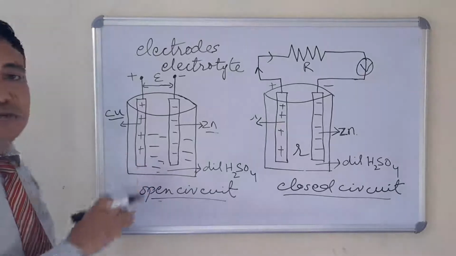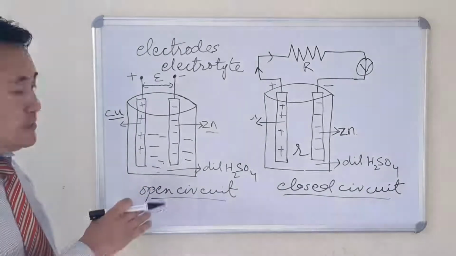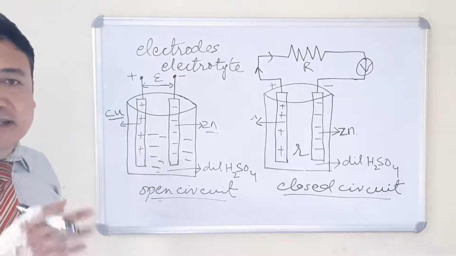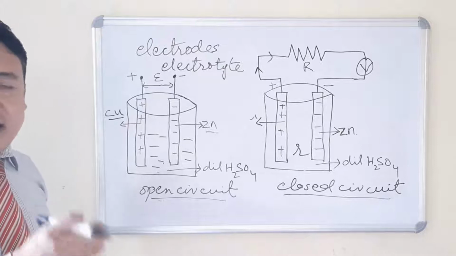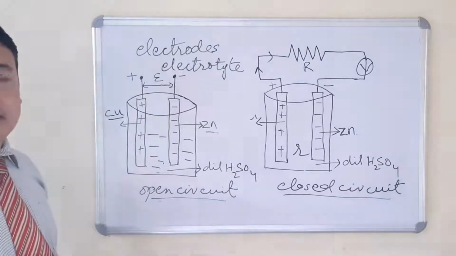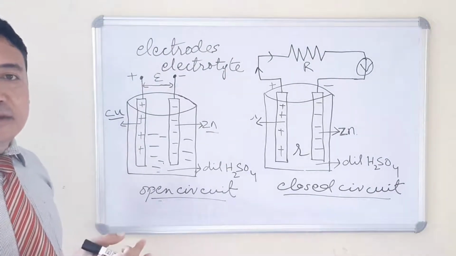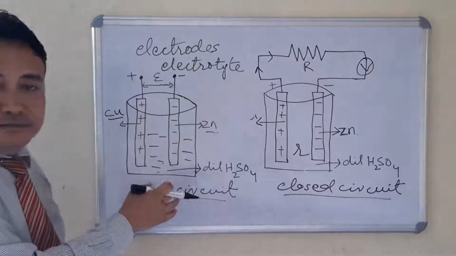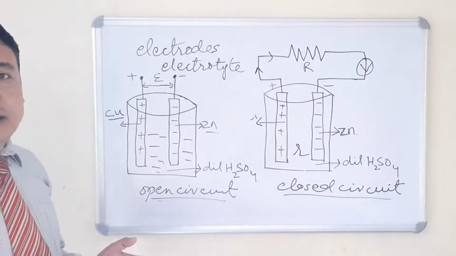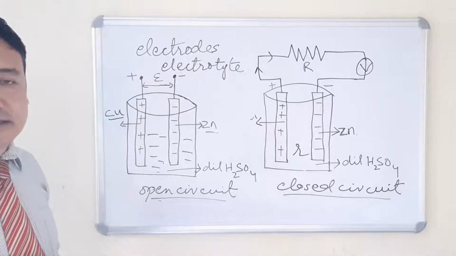Now these electrodes have to be separated. That means the negative and positive electrodes have to be separated, and they need some energy. This energy is supplied by the electrolyte, and this energy will separate the two electrodes into the two ends, the two terminals.